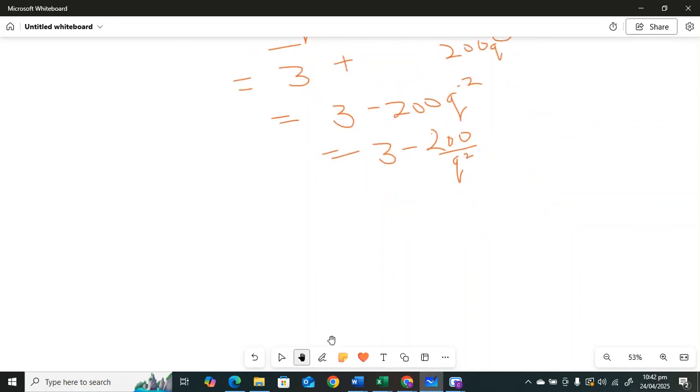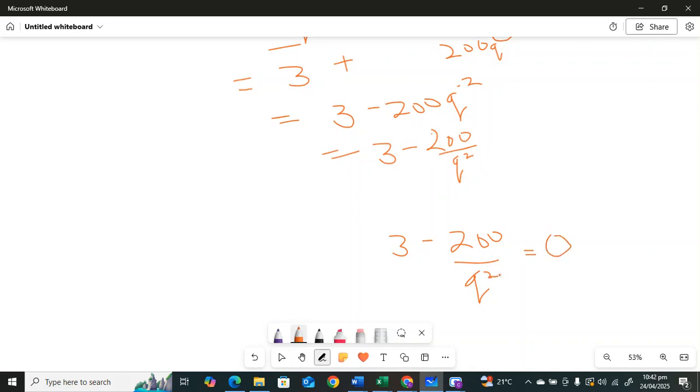So it becomes 3 minus 200 over q squared equals 0. Because remember, we're trying to find the value of q. So colleagues, let's solve this equation.